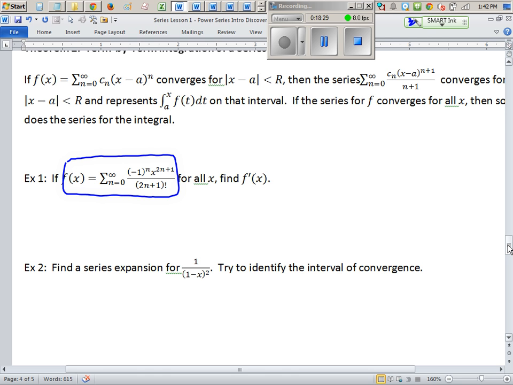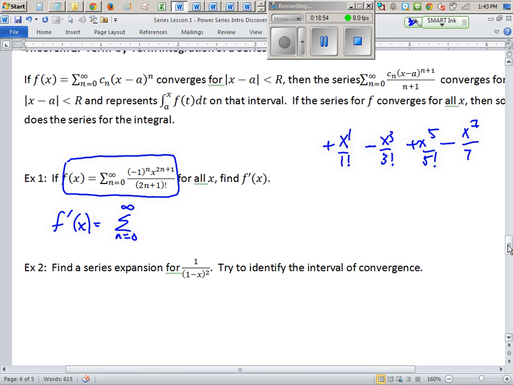What is f prime? Well, this thing's complicated. I think it goes positive, negative, positive, negative. I think it goes basically x to the first over 1 factorial, x to the 3 over 3 factorial, x to the 5 over 5 factorial, x to the 7th over 7 factorial, you see.